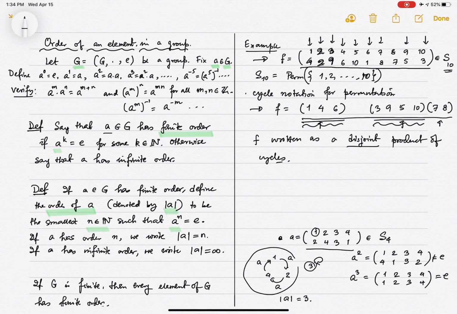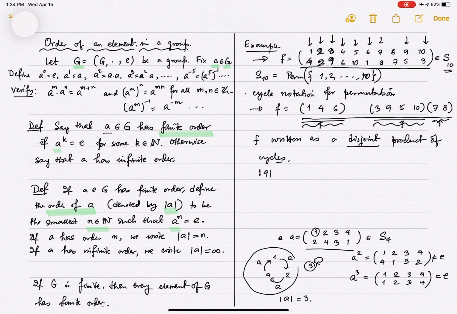Whereas 3, 9, 5, and 10 come back to their original position after every 4 times. And 7 and 8 come back to their original position every even number of times. So how many times do I have to apply F so that everything comes back? Well, that would be the LCM of the cycle lengths. In this case, 12 times.